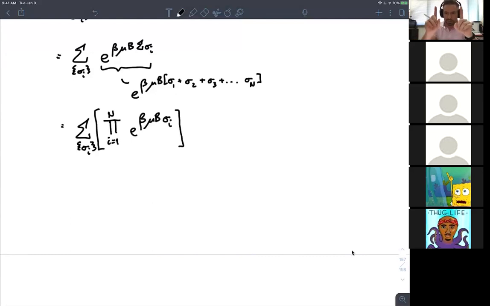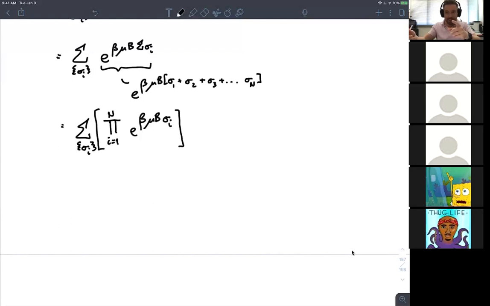Now, because these exponentials are not talking to one another, that is, each exponential only has one of the spins in it, that means that whether you take the sum first or you take the product first doesn't matter. You'll get the same thing regardless. All right, so in other words, now I'm taking the sum of a product.